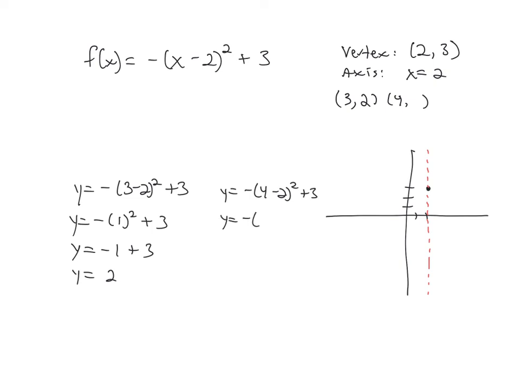So 4 minus 2 is 2. Now I do 2 to the second power is 4. And -4 plus 3 is -1. So 3, 2 is right there.